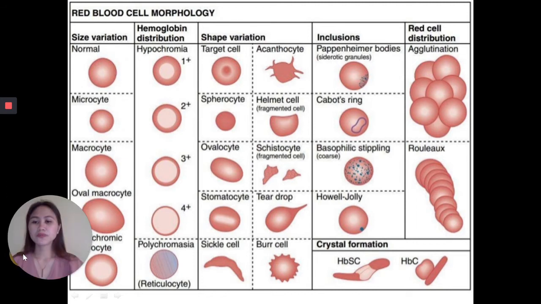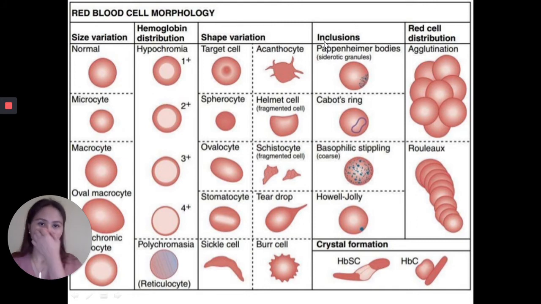Here in this picture, you can see a lot of variation in size and in shape of RBC, and then we also have inclusions. Sometimes our RBCs do have inclusions, but normally they shouldn't have any granules, right?